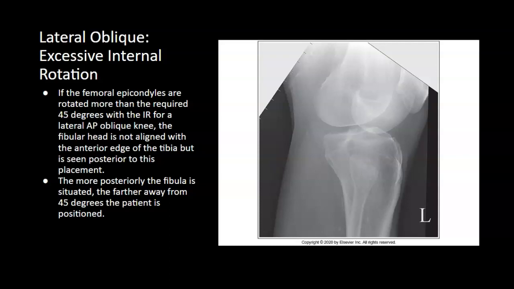As you can see, the fibular head here is not aligned with that anterior edge of the tibia, but it's seen posterior to its placement it should be. Therefore, you are in excessive internal rotation. You're going to need to decrease that rotation down to 45 degrees to get those epicondyles and that fibular head right where we need it to be to obtain the image.